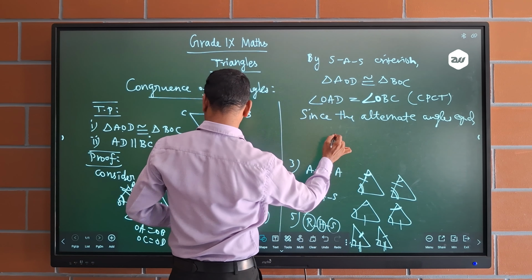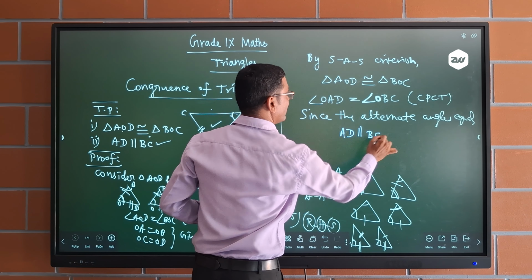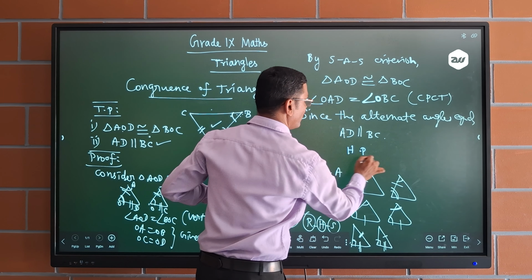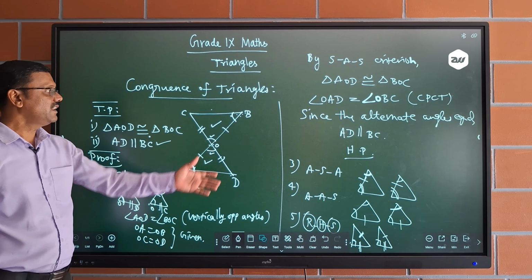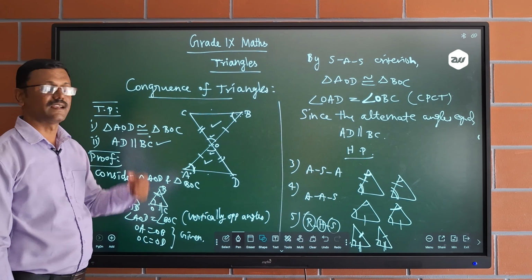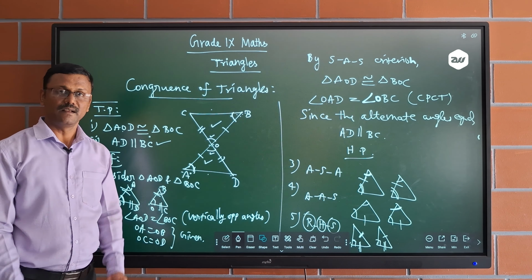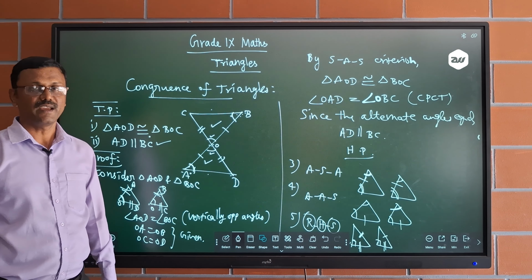Hence proved. Did all of you understand? This is how we use the criteria of congruent triangles in the sums. The remaining criterion-based sums we will do in the next classes. Thank you.